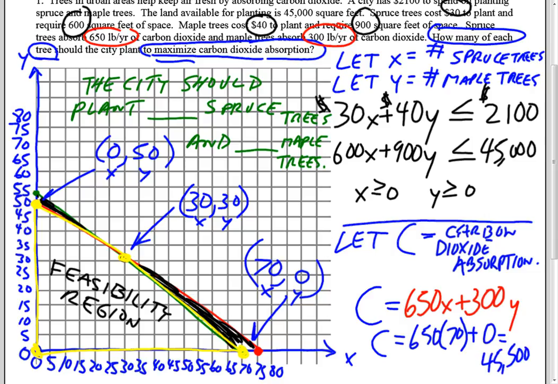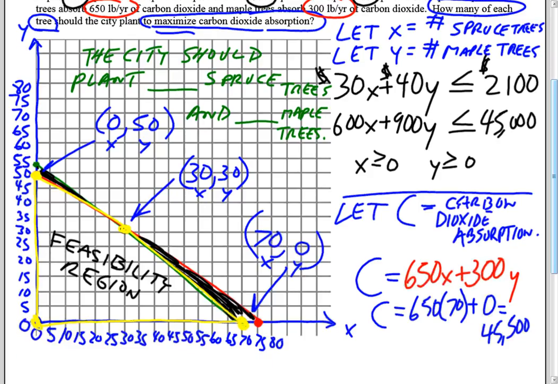And what units is that? What did the 650 and 300 have as units? Pounds per yard. Yeah. So we're talking about pounds. And that's our answer.